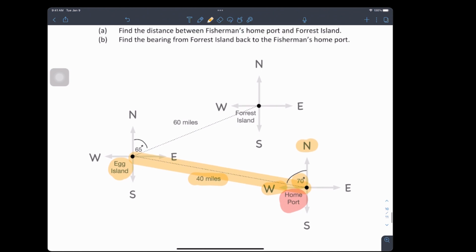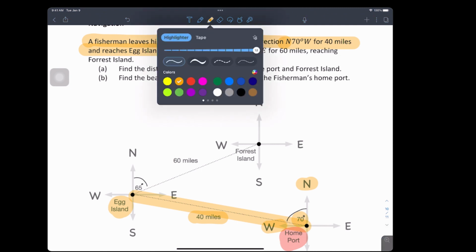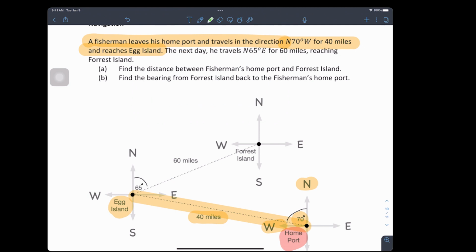And then what happens next? What does the fisherman do? The next day, he travels north 65 east for 60 miles. There it is. Is that northeast? Yeah, that's in the northeast direction. Okay, so there is no typo here so far.